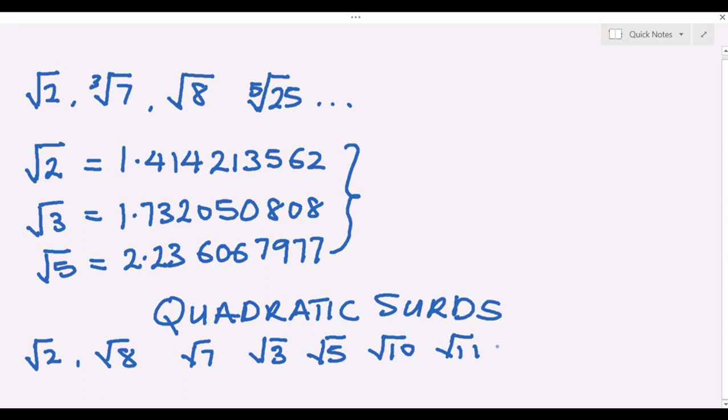So let us get to the rules of surds. For you to be able to calculate well, you must be able to apply the rules of surds.